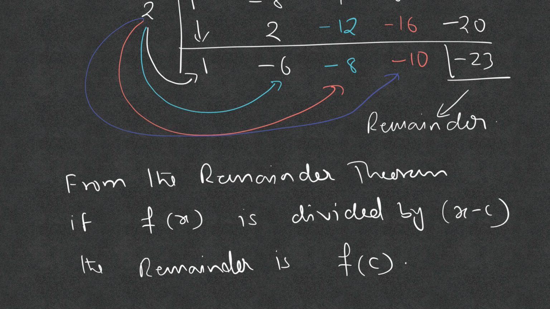From the remainder theorem, if f of x is divided by x minus c, the remainder is f of c. And so the function f of x evaluated at x equals 2 gives you the remainder.